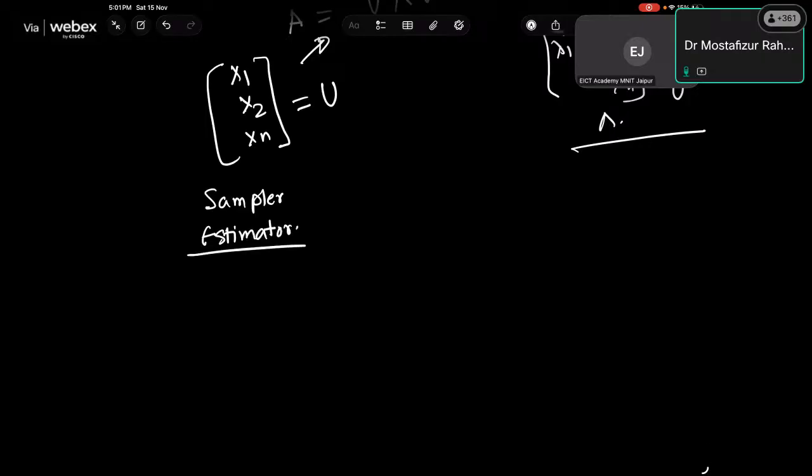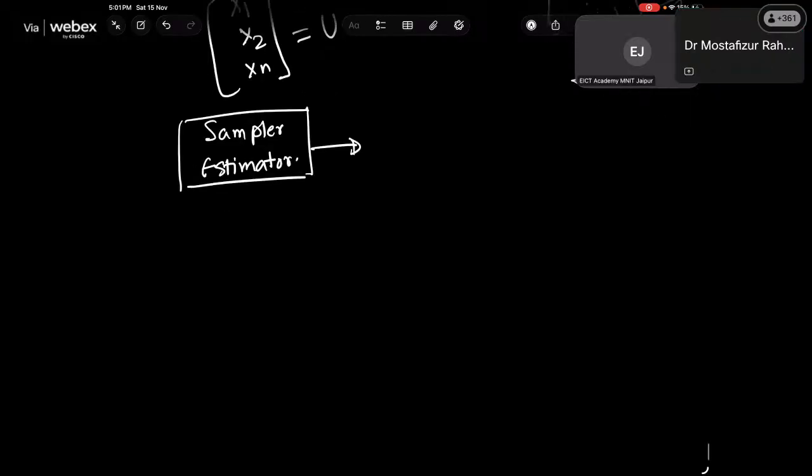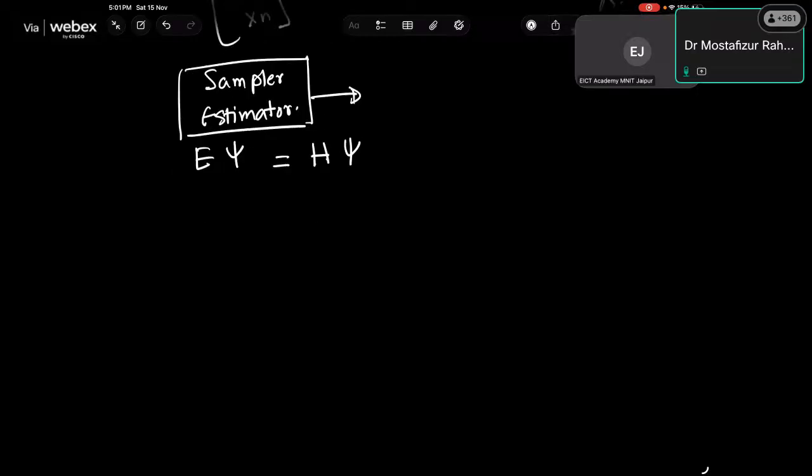Please allow me. We have seen the eigen equation H psi equals E psi. This is the equation we know for any molecular system, and it is just an eigen equation, where lambda is general.